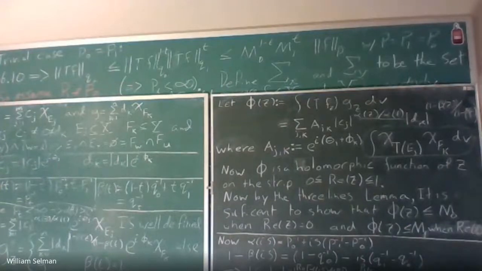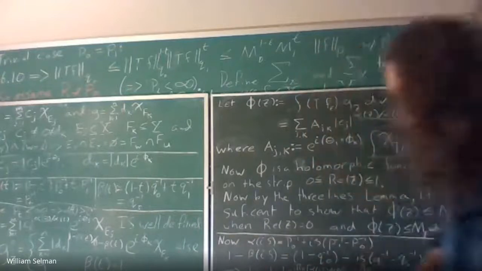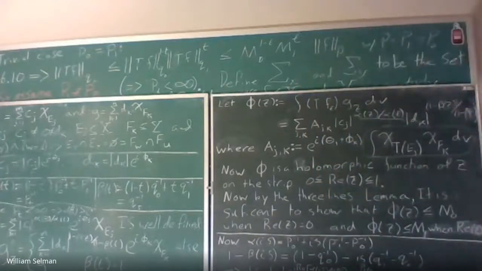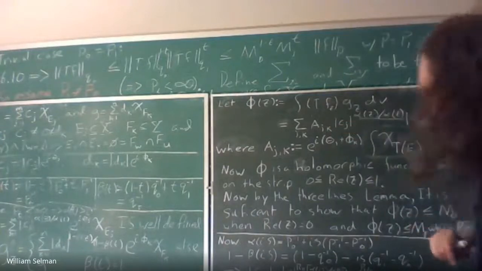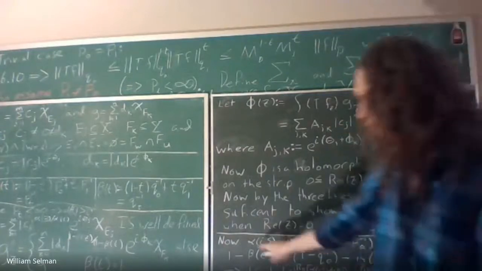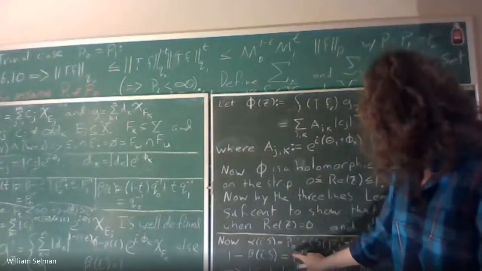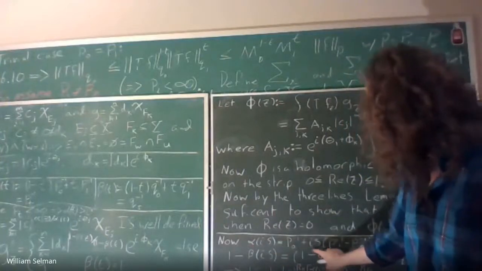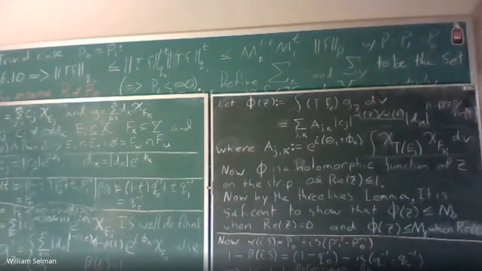To show that, we're going to use Holder's inequality and the fact that this is in fact the L1 norm. We're going to note that alpha of IS is equal to P naught inverse, 1 minus IS, P1 inverse, 1 minus P naught inverse.